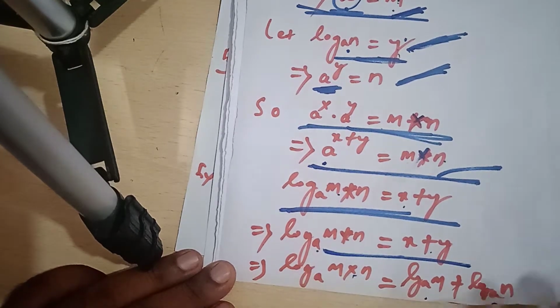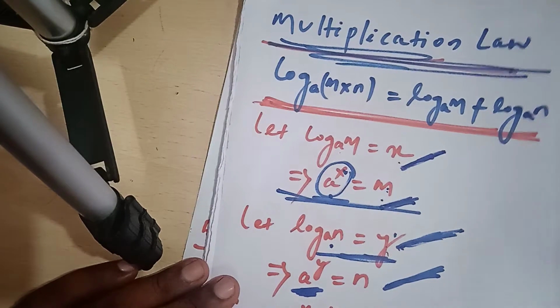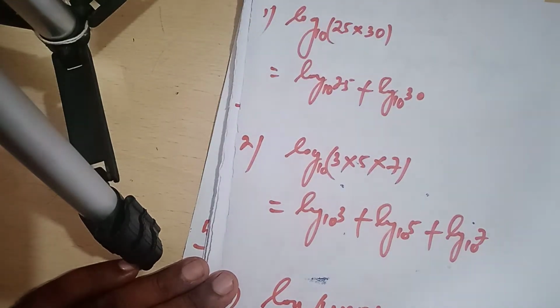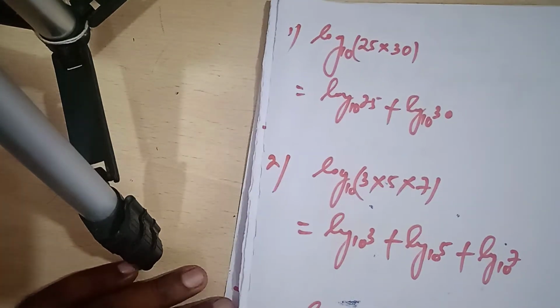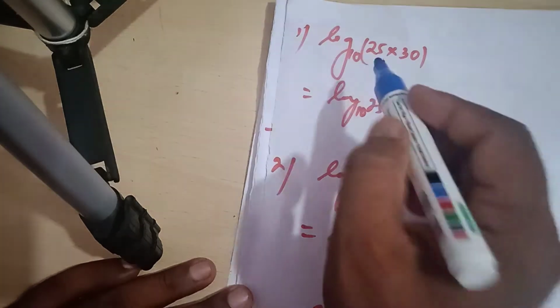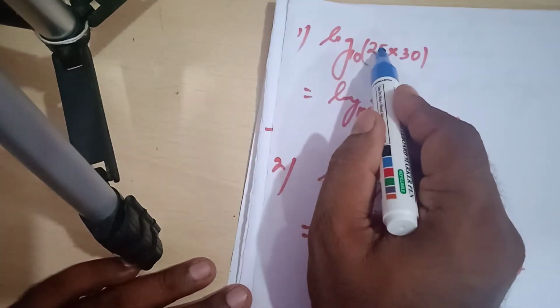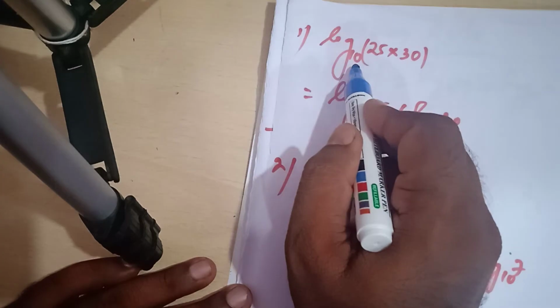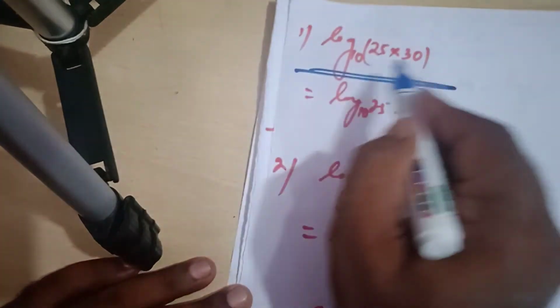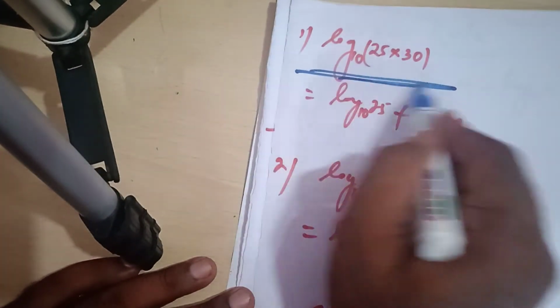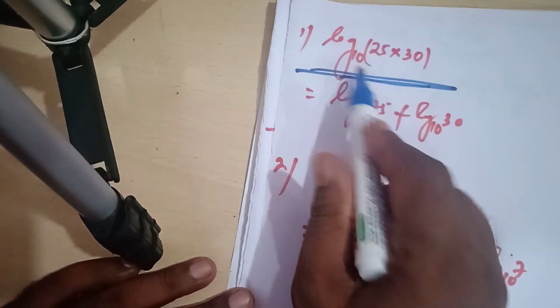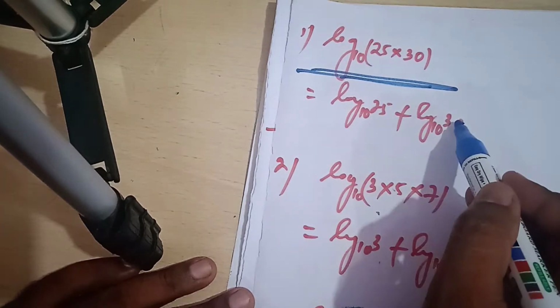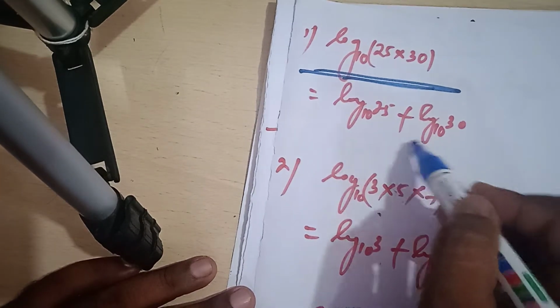Similarly, I am putting some examples. Log of 25 into 30 to the base 10. This is multiplication, so the rule is log 25 to the base 10 plus log 30 to the base 10.